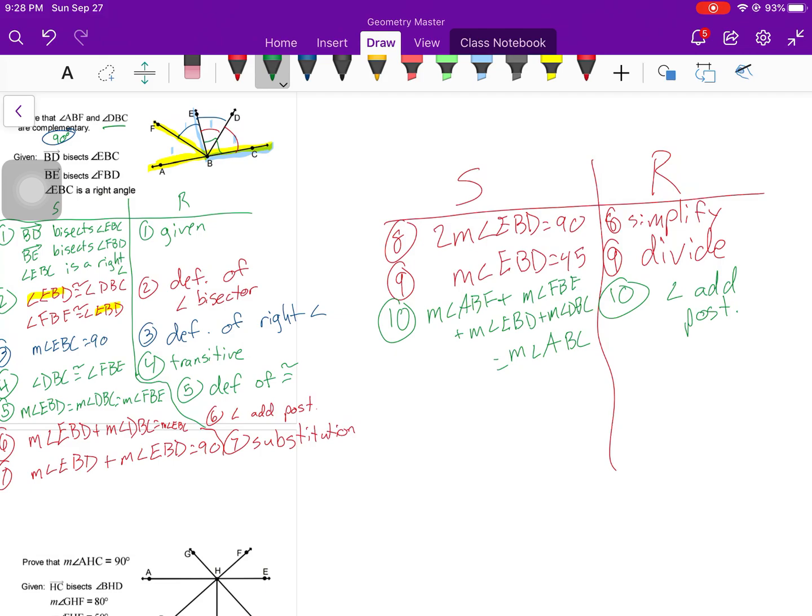All right, but now I know what most of those angle measurements are. So for step 11, I can say the measurement of angle ABF plus 45 plus 45 plus 45. Now, we know what those angle measurements were. That's how we get these 45s.